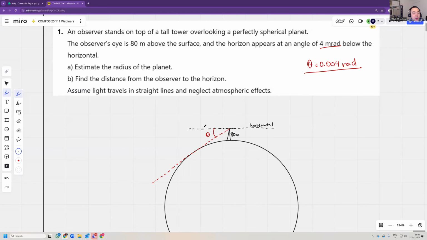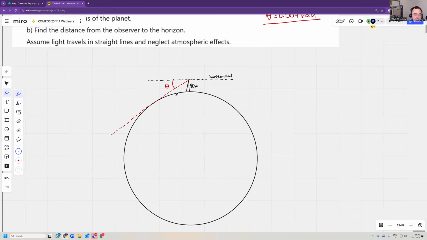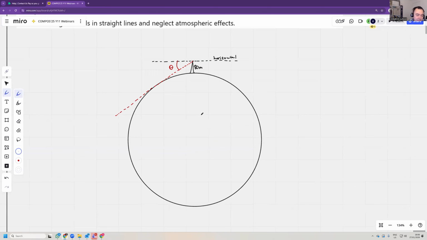And from this, we need to work out the radius of that planet. So this is the center of the planet. We can draw a line like this, and this is exactly equal to the radius of the planet.